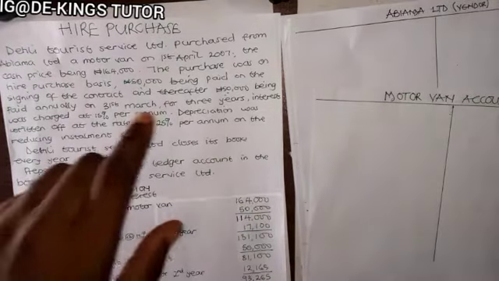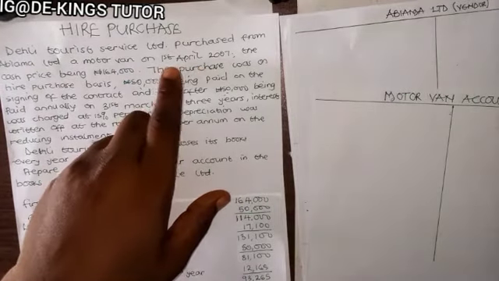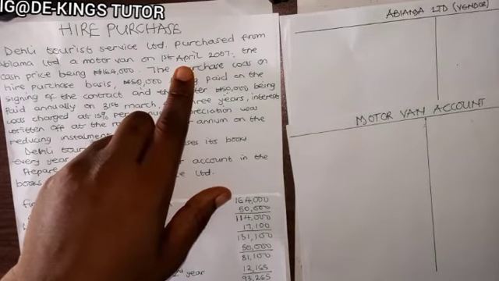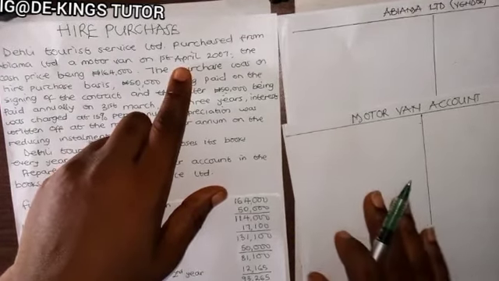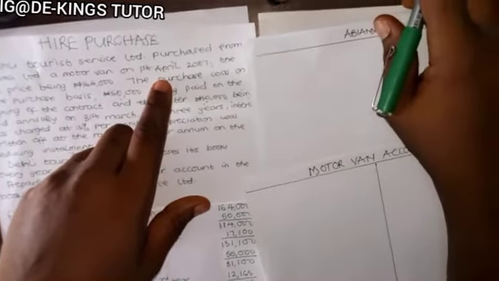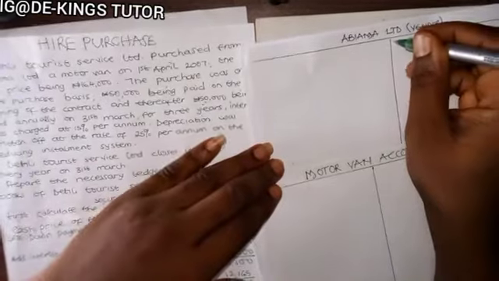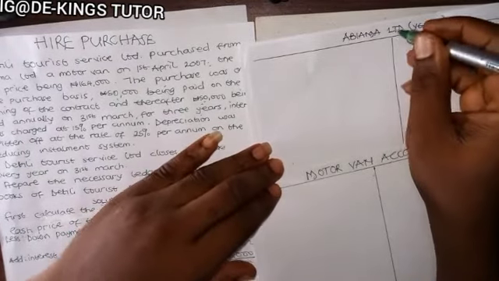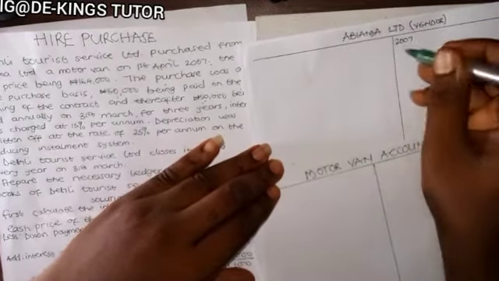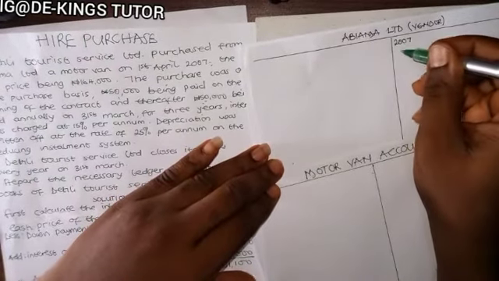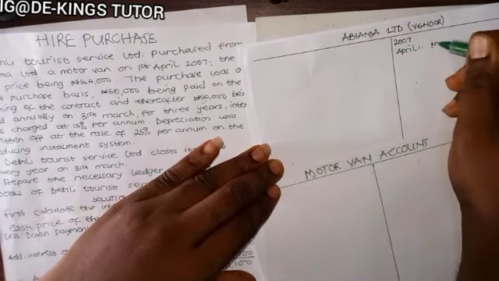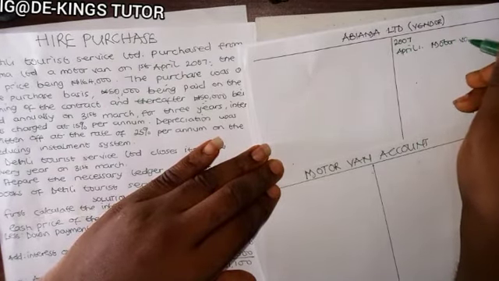Okay, so they said on the 1st of April 2007, Abiama Limited. So it will be 2007 here, April 1, we have motor van.